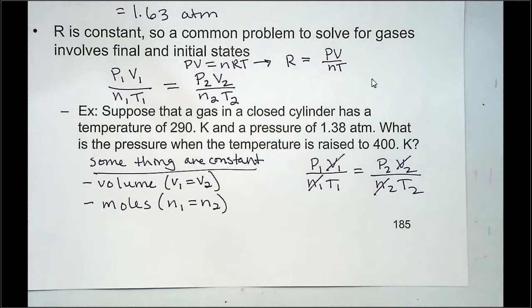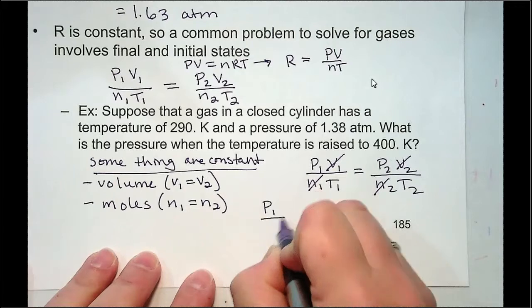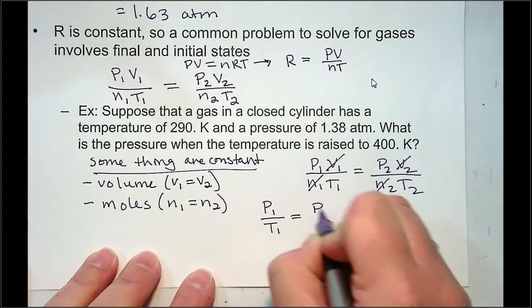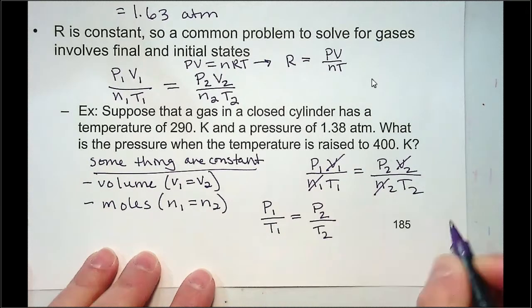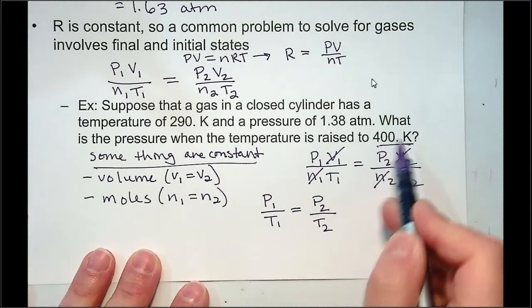What's nice is we don't have to write a separate gas law relating pressure and temperature. We can just use this before and after and think about what stays the same and what changes to write a new law, which essentially says that P1 over T1 is P2 over T2. And again, notice how the temperatures are in Kelvin, not Celsius.